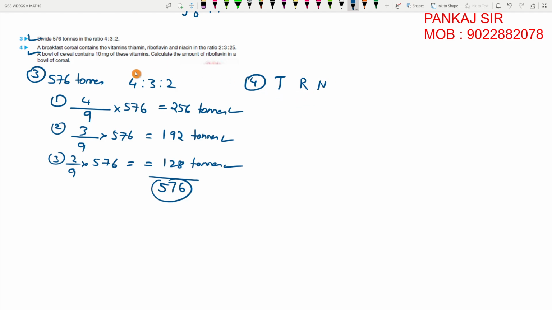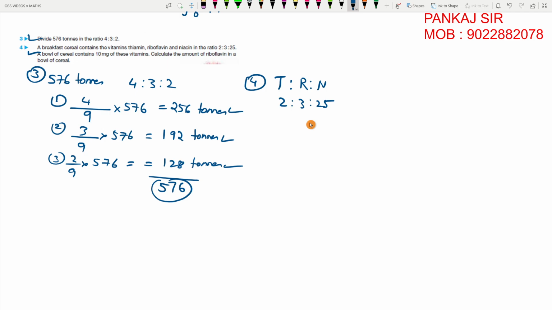So these three vitamins are there in a breakfast cereal, and the ratio of thiamine to riboflavin to niacin is given as 2 is to 3 is to 25. Further, a bowl of cereal contains 10 milligram of these vitamins. Calculate the amount of riboflavin in a bowl of cereal.